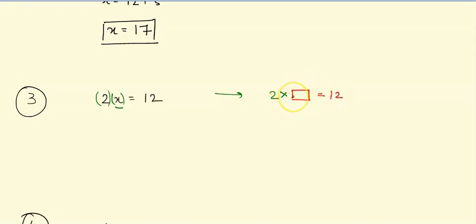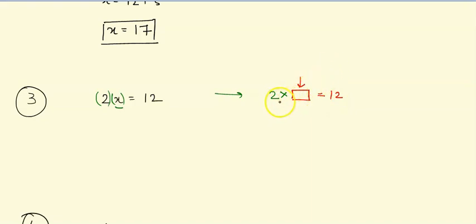So how do we look at this equation? Simply, this is a box. What do we multiply 2 by so that we get the total equal to 12, right? So what do we have to multiply with 2?